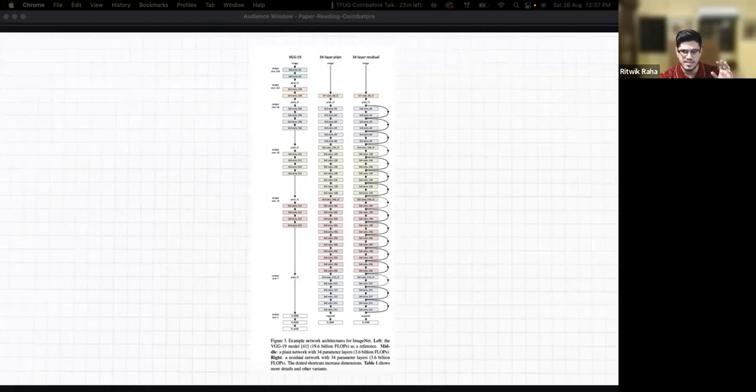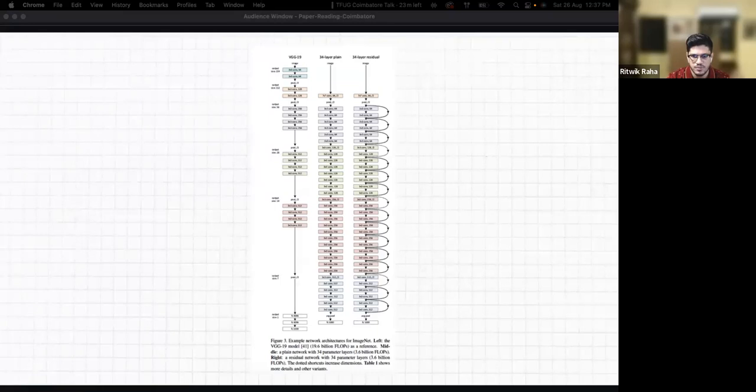If the feature map size is halved, the number of filters is doubled, so as to preserve the time complexity per layer. If you do not want to pay attention to the intricacies of the architecture, that's completely fine, because you can always reference a blog or a paper to understand those intricacies.